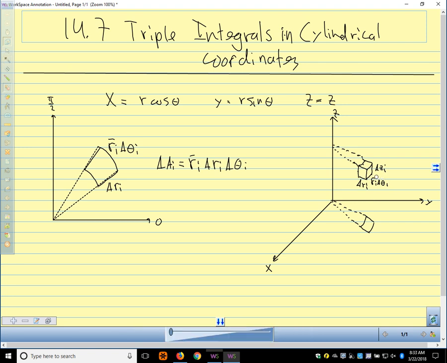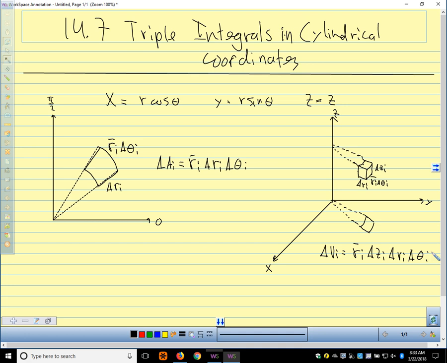So our volume of that little piece, delta v sub i, is going to be r bar sub i delta z sub i delta r sub i delta theta sub i. That's going to be a little representative piece of volume in cylindrical coordinates. So we're just adding that z coordinate.